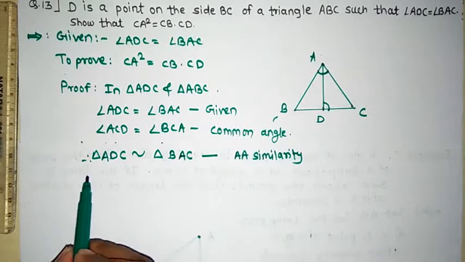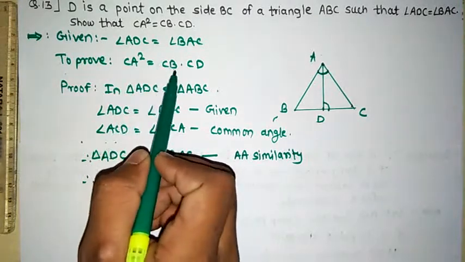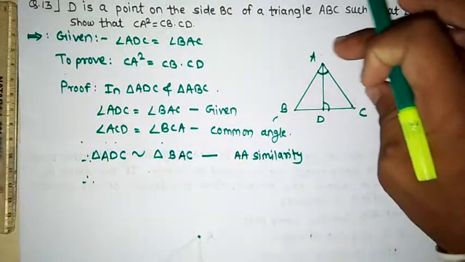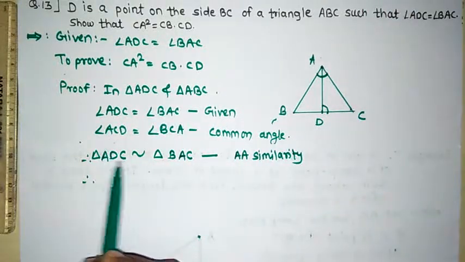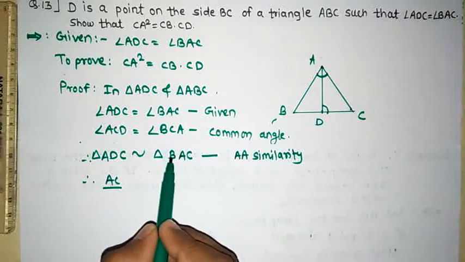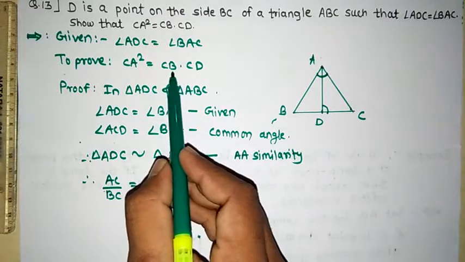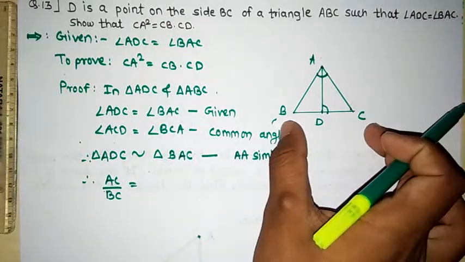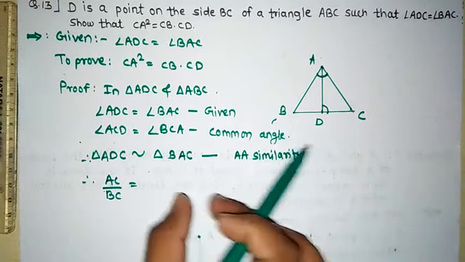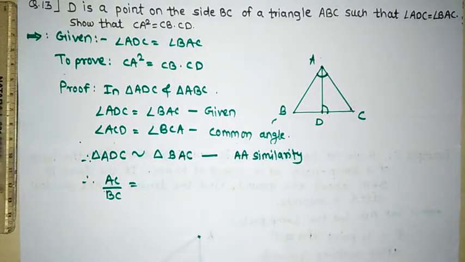Therefore, now what do we want in the proof? In the proof, we want CA square is equal to CB into CD. CA square we want here. From this, can we write AC? See here, AC divided by BC, the respective ratio we have to take. AC divided by BC is equal to, in the proof we also want BC, and CD we also want here. How to bring CD?